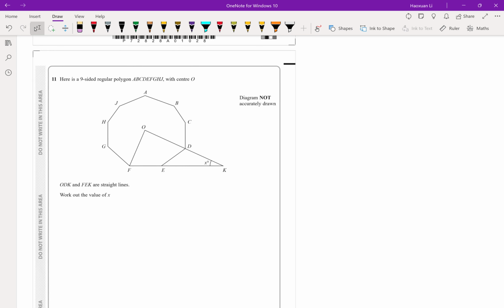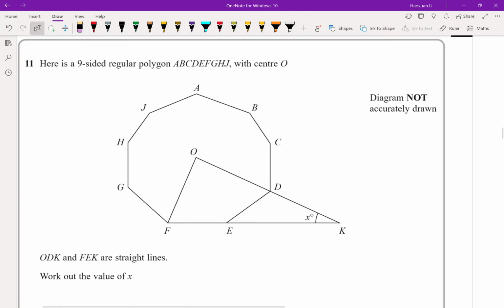Question 11. Here is a 9-sided regular polygon ABCDEFGHJ with center O. ODK and FEK are straight lines. Work out the value of x.